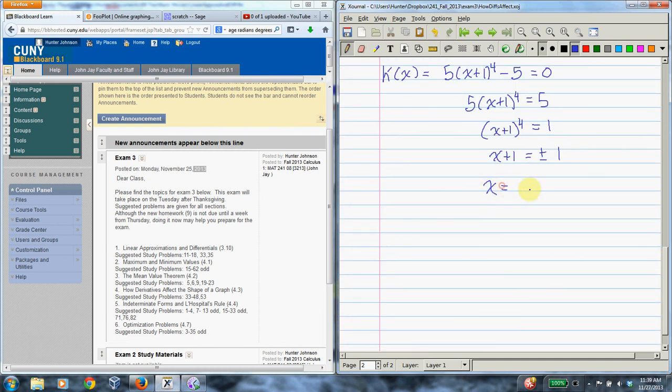So that means x is equal to either 2 or 0. No, that's not right, is it? I should be more careful. So minus 1, plus or minus 1. So what are the possibilities here? 0 and minus 2. Alright, so these are the possibilities. So we just found the roots of the first derivative.